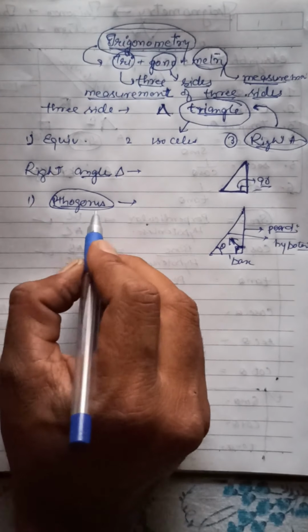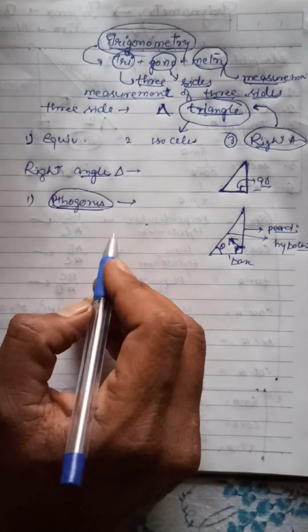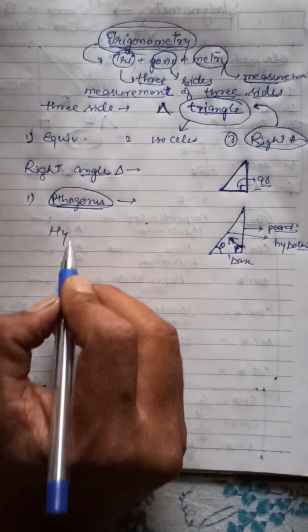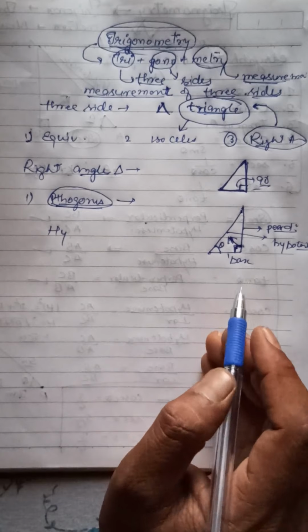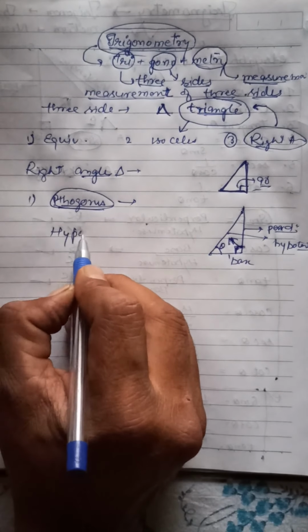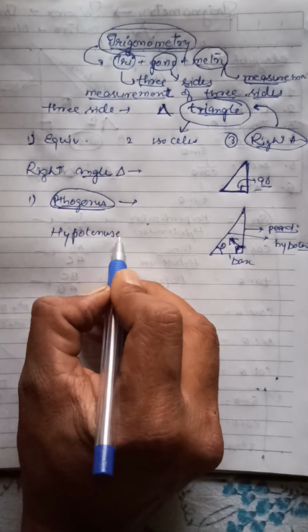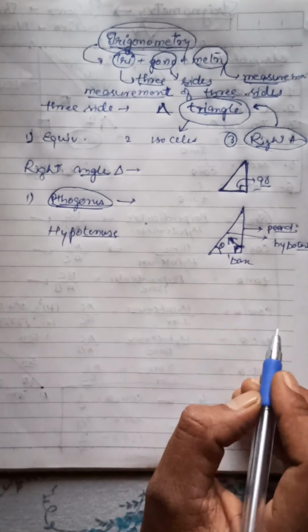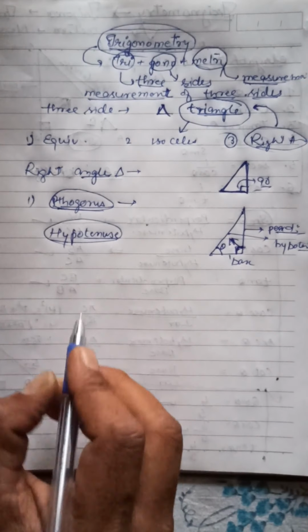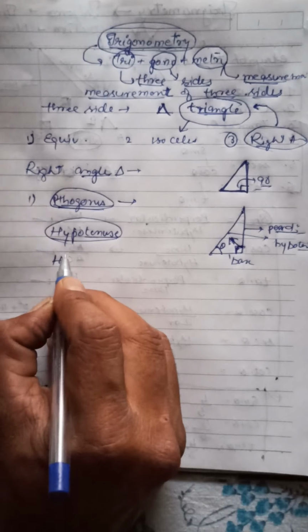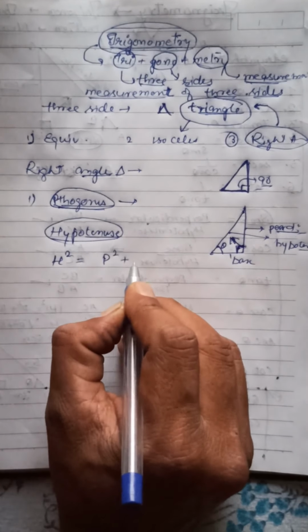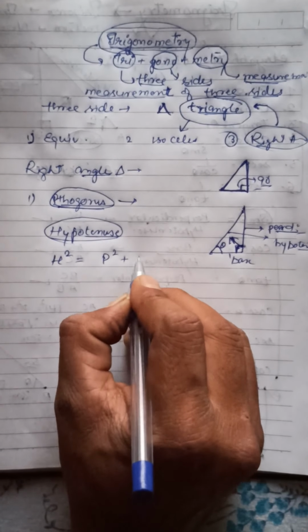Right? Then what does the Pythagoras theorem tell us? If two sides of the triangle are given, we can find the other side. Let me consider we have the base and perpendicular; we can find the hypotenuse. And what is the formula? The hypotenuse square is equal to the perpendicular square plus the base square.